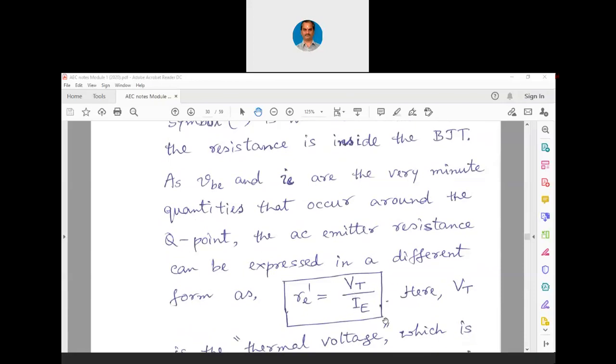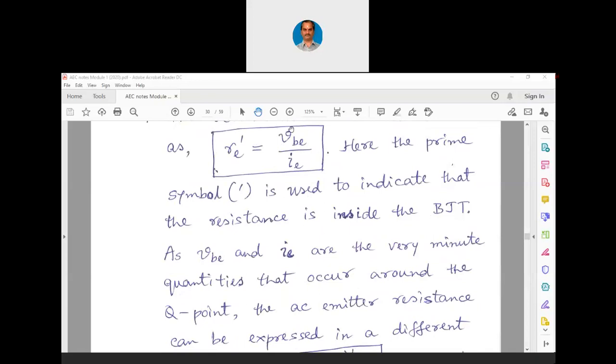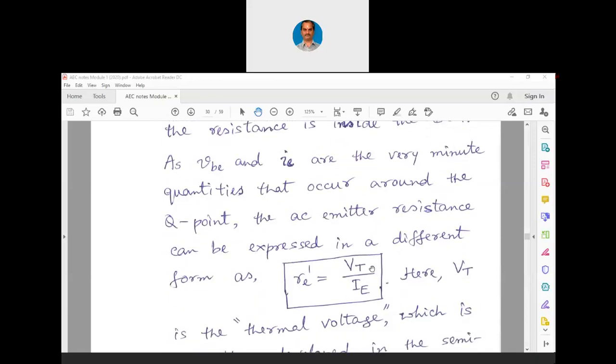This IE is the emitter current itself, or the DC current itself. In fact, the ratio of small VBB by small IE is the same as the ratio of capital VT by capital IE.